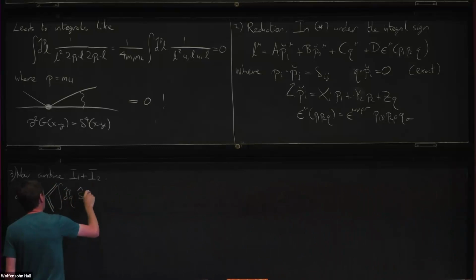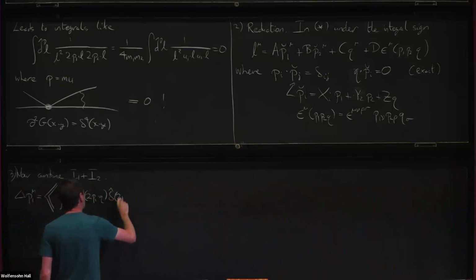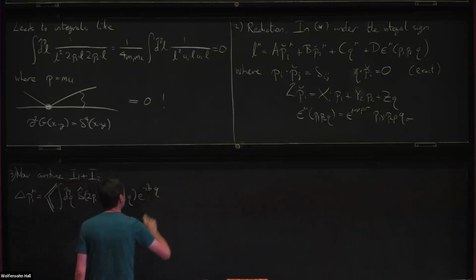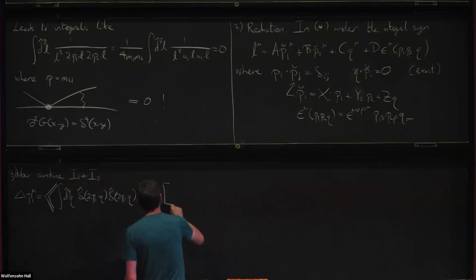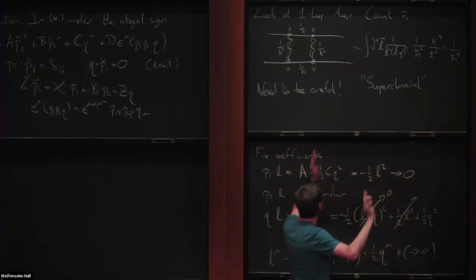So I'll write the shorthand of these delta functions. Okay, so then we have some terms, I Q mu A for 1. So I'm just extracting the one loop part out of there. I've set h bar to 1.